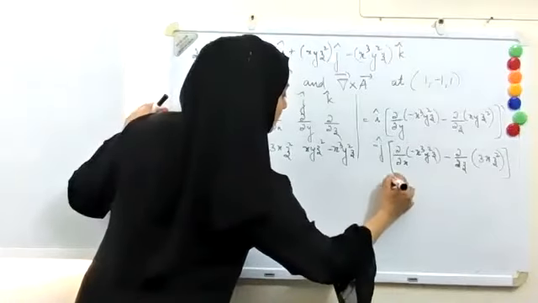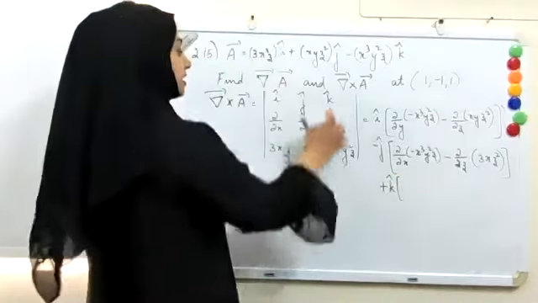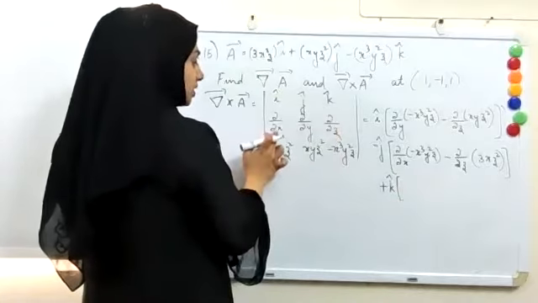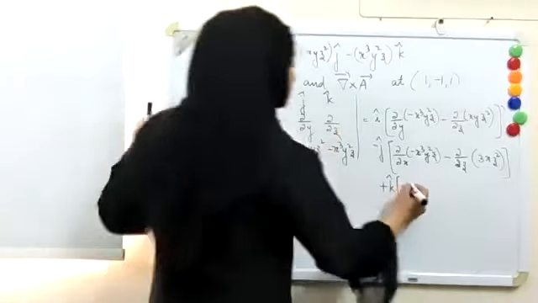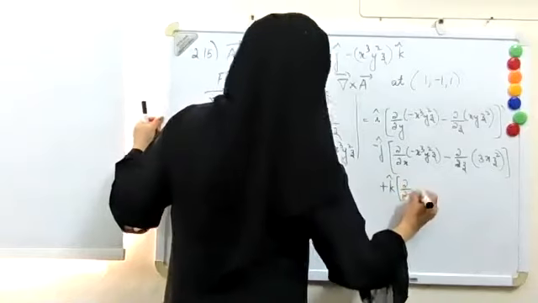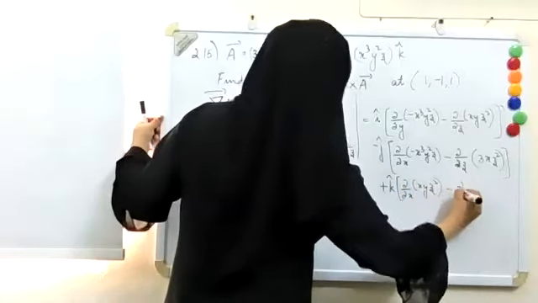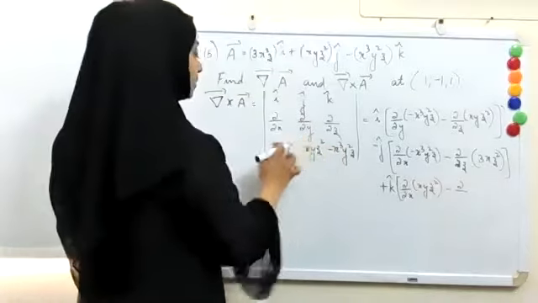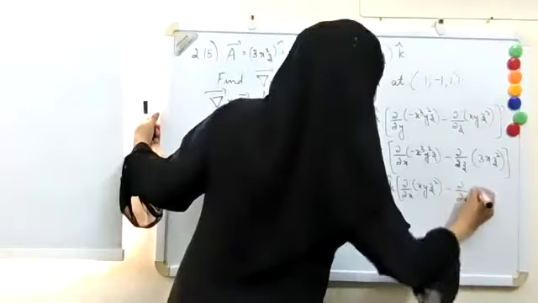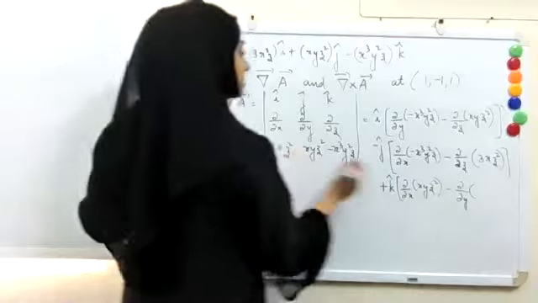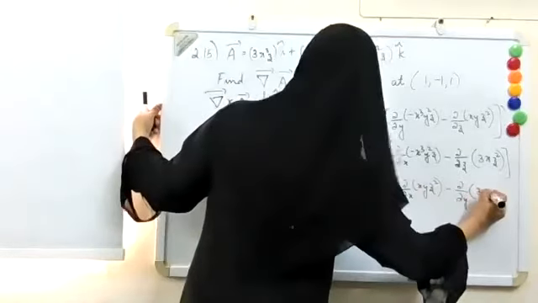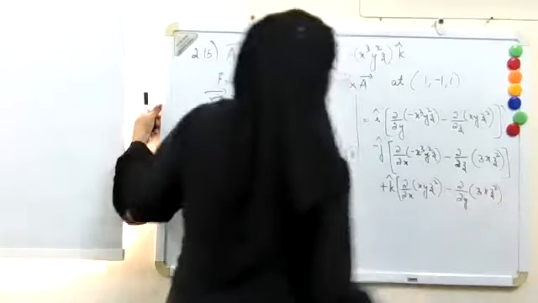Plus k cap times dou by dou x of xyz square, minus dou by dou y of 3x z square.